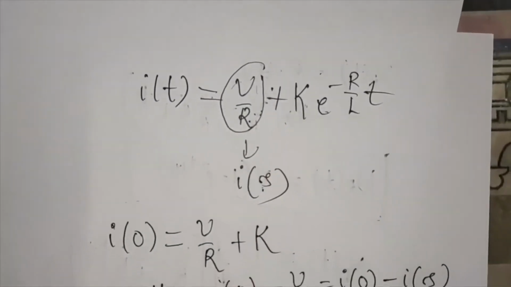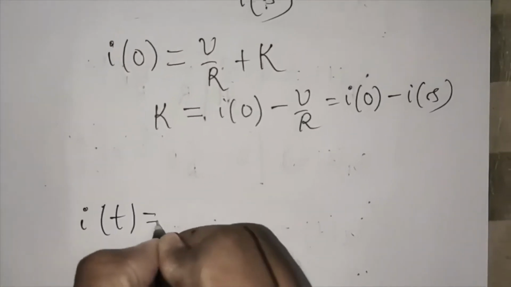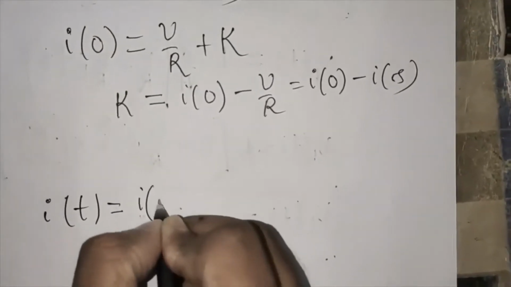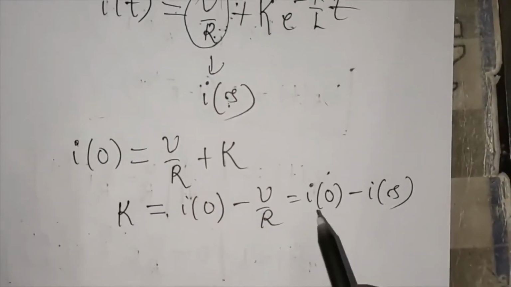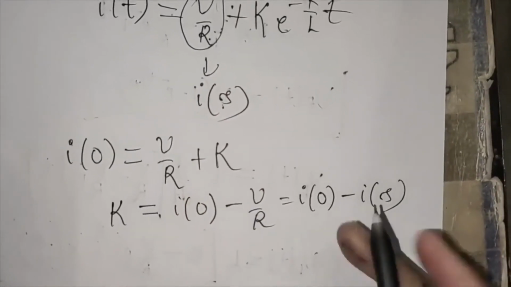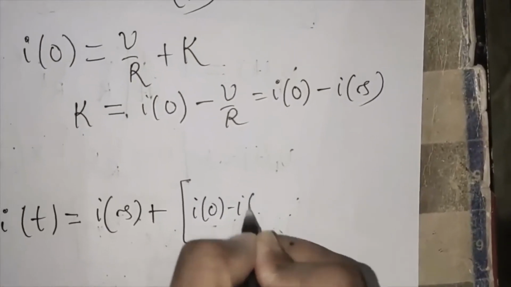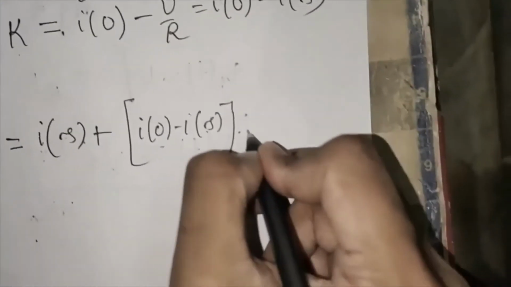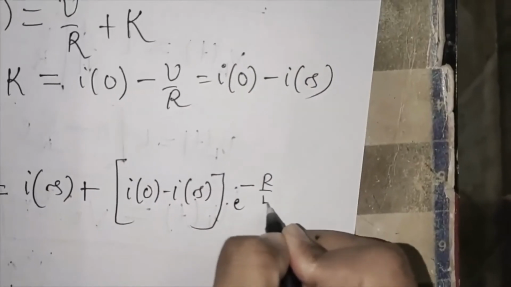So from this expression, I of t is equal to V by R, I can write as I of infinity plus, instead of K, I of 0 minus I of infinity into e power minus R by L into t.